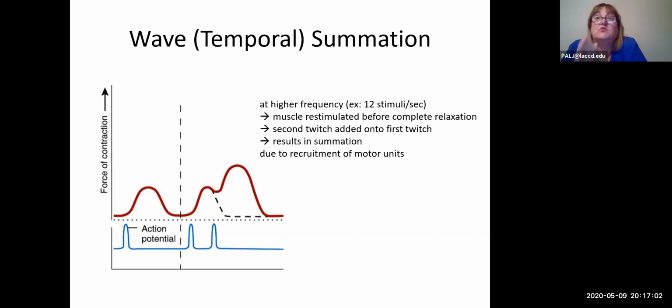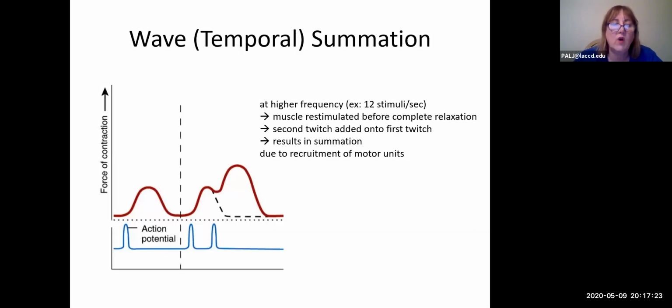So if we have a strong enough stimulus, we can add a second twitch onto the first twitch, where we are having a summation effect where the force of contraction is now higher than it would have been due to now we are recruiting more motor units.